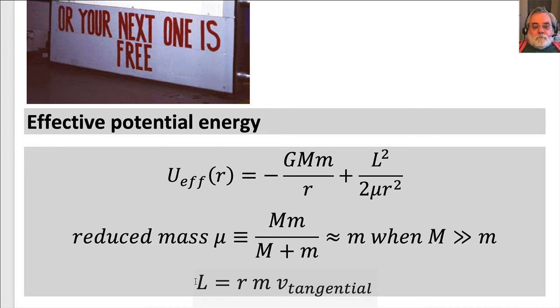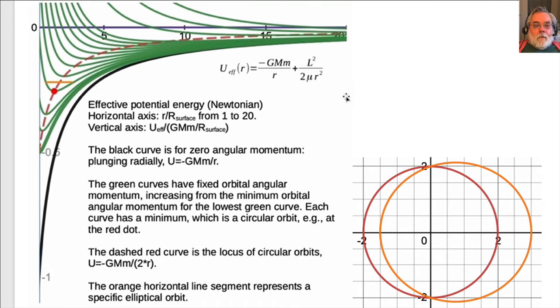Angular momentum is distance times mass times tangential velocity. In the graph on the left, the black and green curves are effective potential energy, Newtonian. The horizontal axis is radius divided by surface radius, and it ranges from 1 to 20 here.